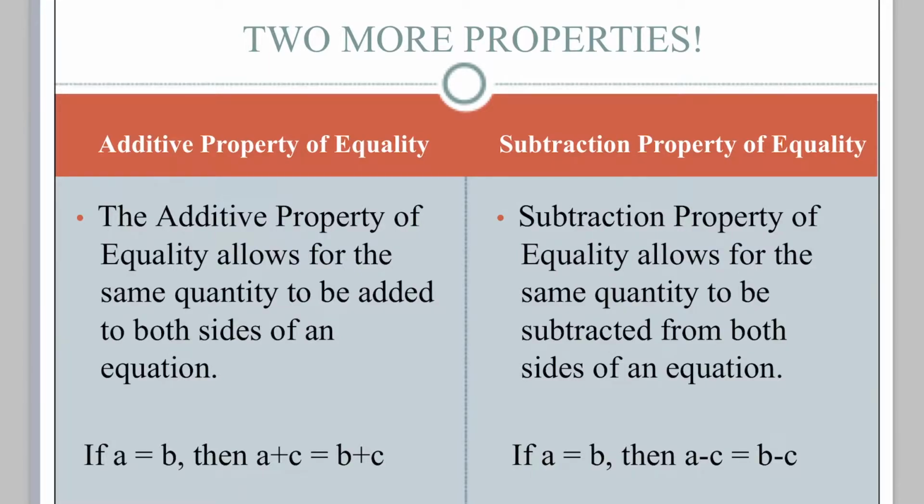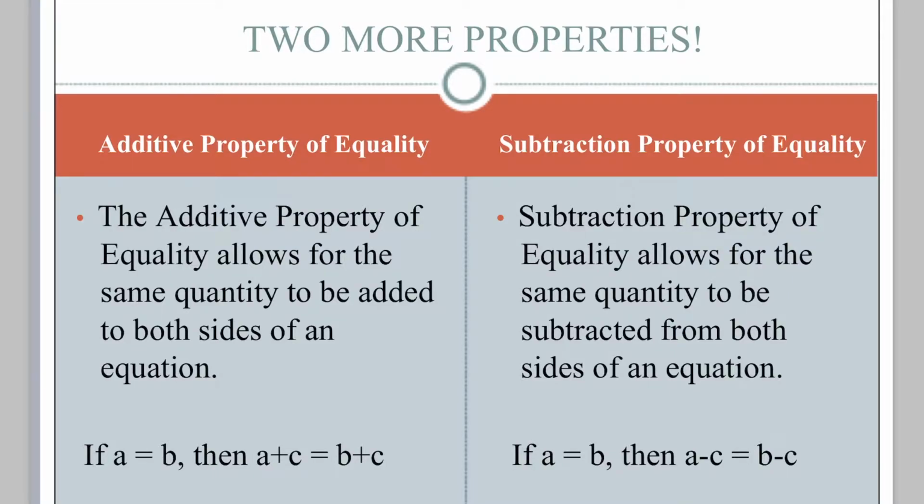Two more properties: the additive property of equality and the subtraction property of equality. They are related to each other in the sense that they allow us to solve equations.